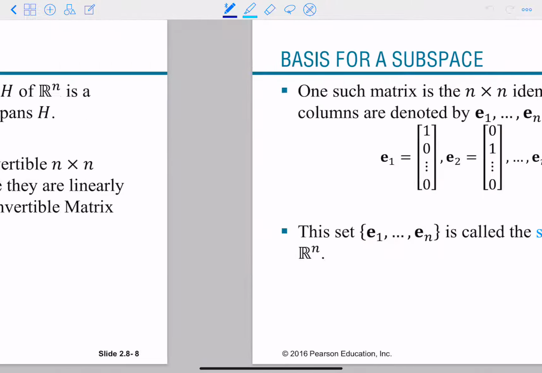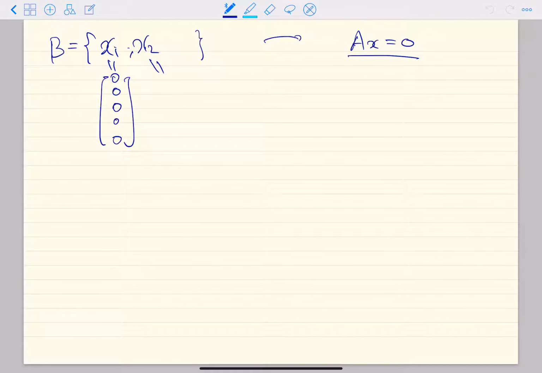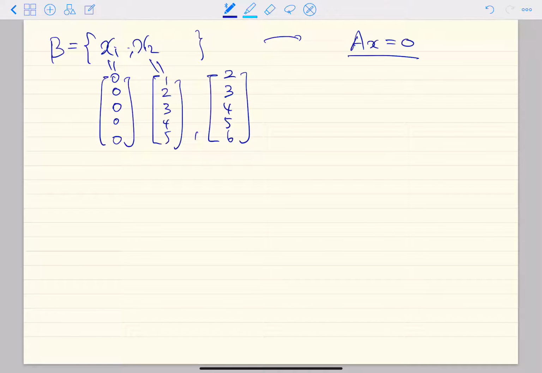Okay, so let's see. One of the non-trivial solutions is 1, 2, 3, 4, 5. This is just an example, although this is not a correct solution of the homogeneous linear system. Suppose we have these elements in our null space. Let's call them x1 and x2.